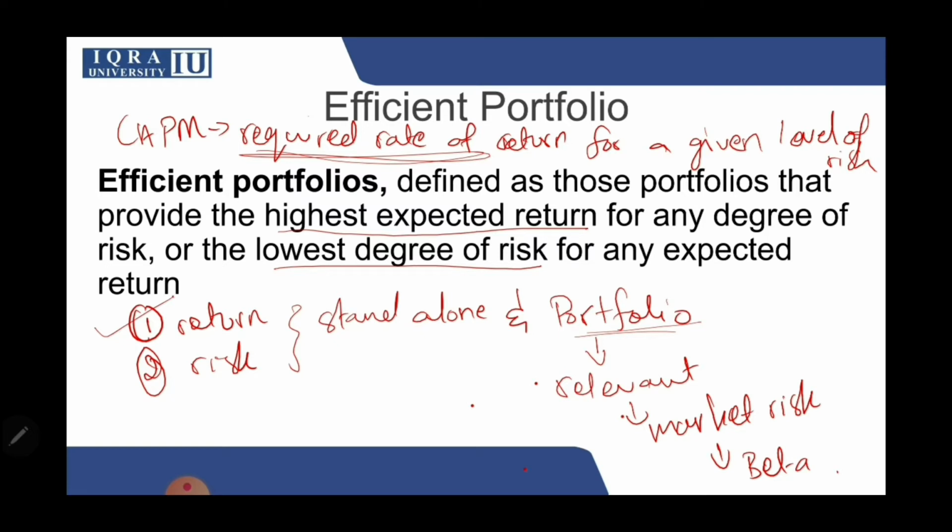Remember that investors like return and they dislike risk. So the most efficient portfolio will be the one that offers the highest expected return or the lowest degree of risk for any expected return. So that is your efficient portfolio. This will become more clear when we later look at its graph as well.